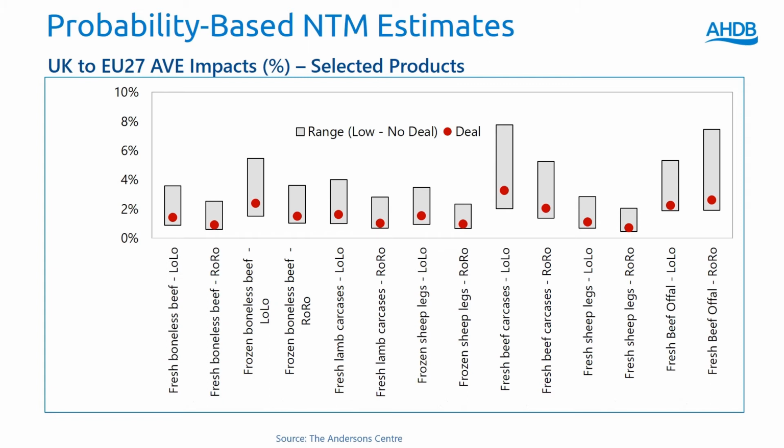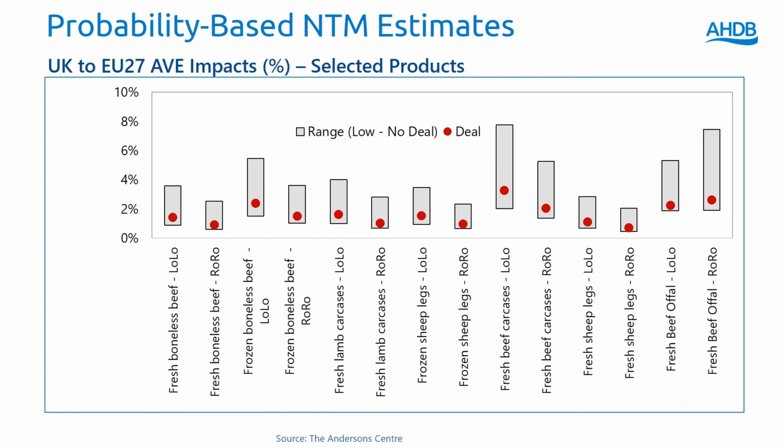And I think one other point, and I think it links into the question that we've just had around key points to take away from this, and it shows in terms of these estimates here that if the UK and the EU27 remain closely aligned or harmonised in terms of the standards, then the scope for decreasing significantly the impact of the NTM costs is something that can take place.